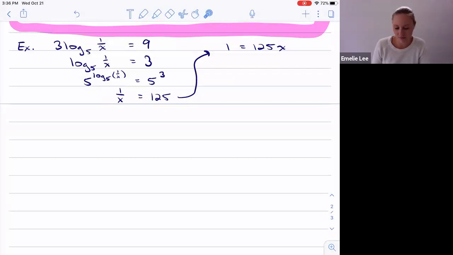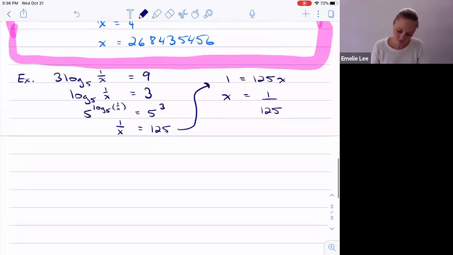I know that people are quicker than that, but to play it safe, I always bring the x over here and then bring the 125 over here. So I get x is 1 divided by 125.